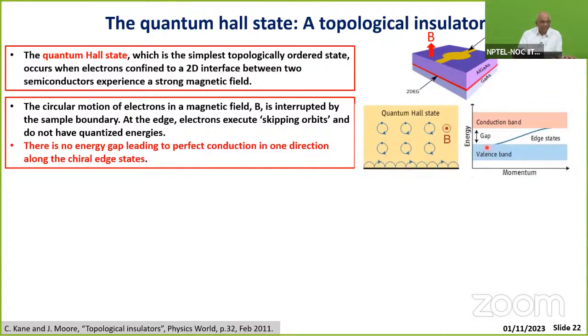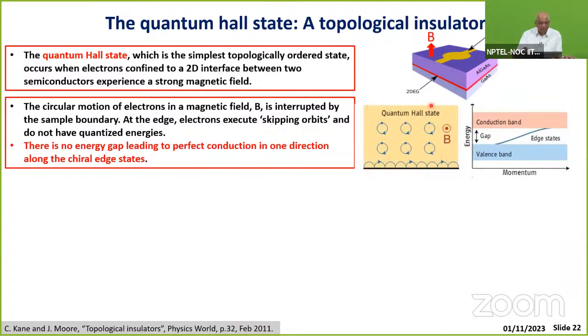So now you have the same picture as before, a conduction band and a valence band separated by a gap, which is true for the bulk of the material. But near the edges, you have edge states, which continuously connect the valence to the conduction band. So electrons can easily travel across the edge.